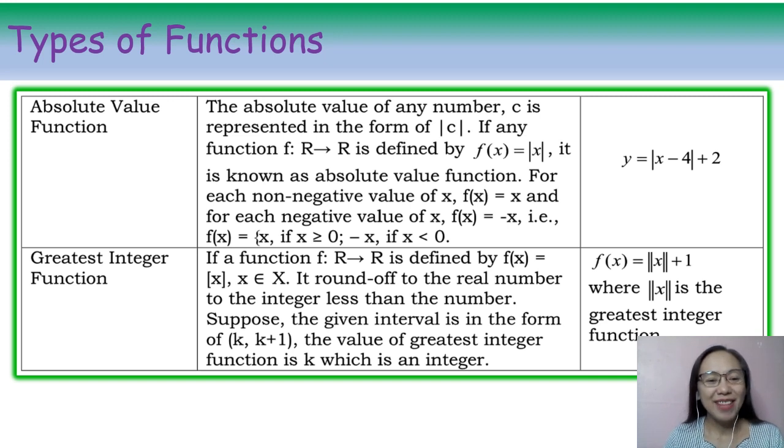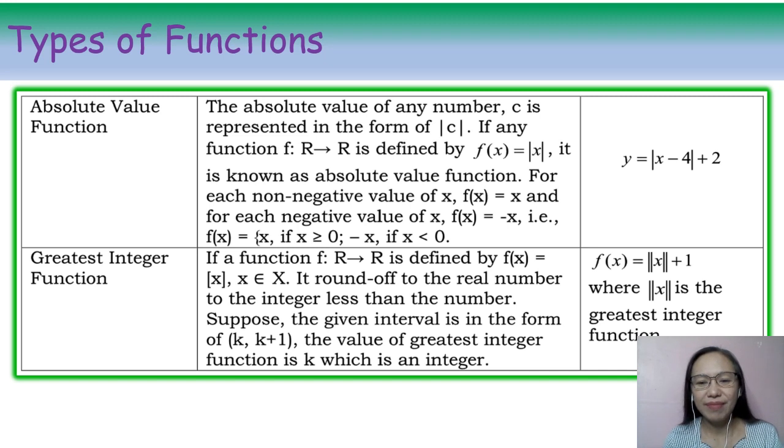And let's have the last one, the greatest integer function. The greatest integer is represented by double bars, or it's like a double absolute value. So you have the notation here. In our example, f of x is equal to the greatest integer of x plus 1.